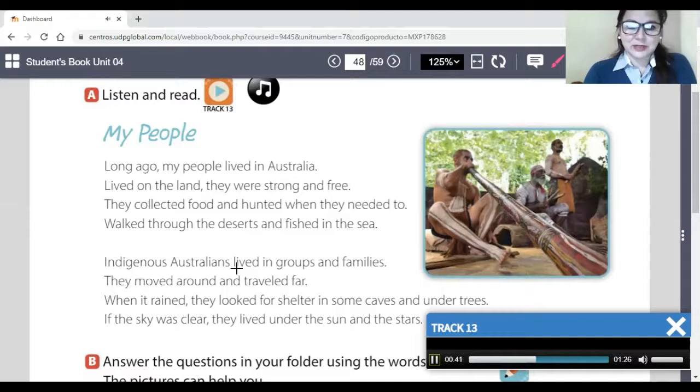Indigenous Australians lived in groups and families. They moved around and traveled far. When it rained, they looked for shelter in some caves and under trees. If the sky was clear, they lived under the sun and the stars.